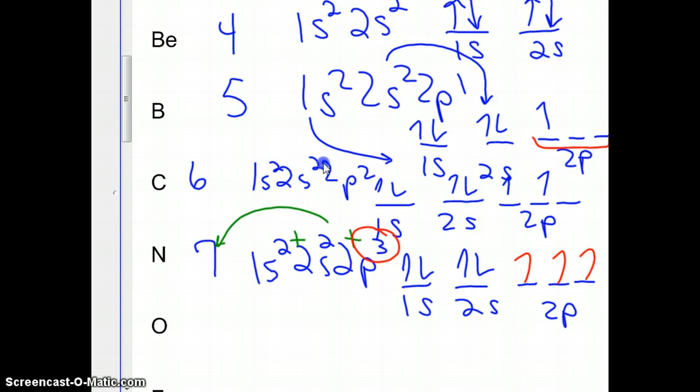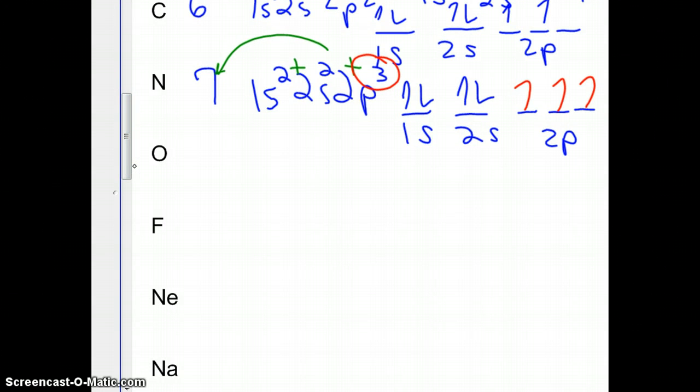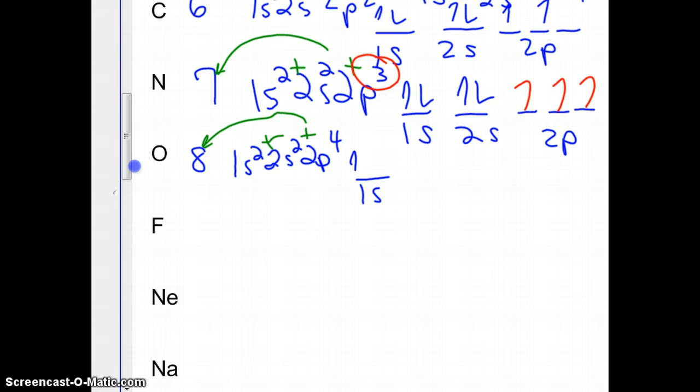Now oxygen is where we come up with the one that will have that 4th electron. So if you have 8 electrons in oxygen, 1s2, 2s2, 2p4. Once again, 2 plus 2 plus 4 adds up to 8. Okay, so I need to place the electrons. You'll notice there's a lot of repetition now once you really get going.